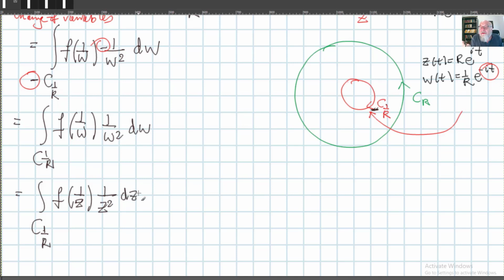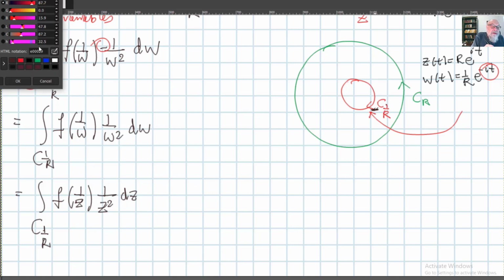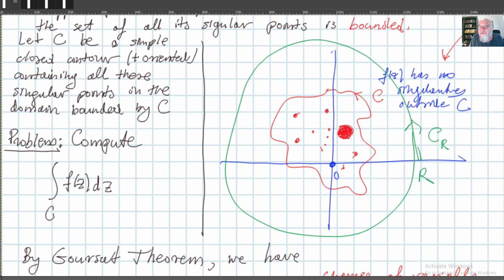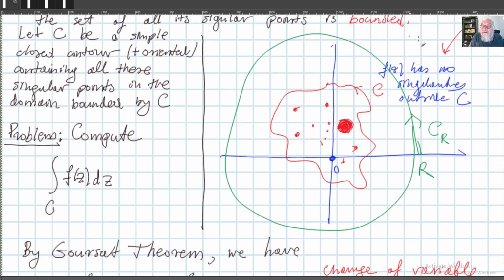So now what happens here? All the singularities were inside. So the outside goes here. Look, clearly, that's important. The outside goes here. So these are the regular points of z, which were all outside this circle.